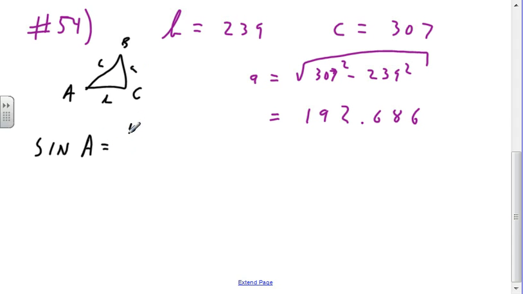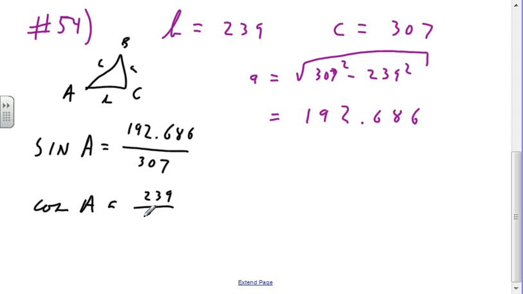Opposite, little a, 192.686 divided by the hypotenuse, 307. Cosine A. B, the side adjacent, divided by 307. Tangent A. Side opposite divided by adjacent.